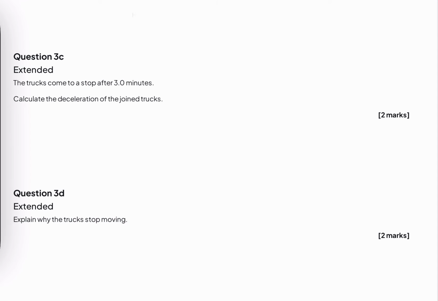So for the deceleration, v minus u divided by t. The truck comes to a stop, so final velocity is 0 and initial velocity was the velocity after the collision.